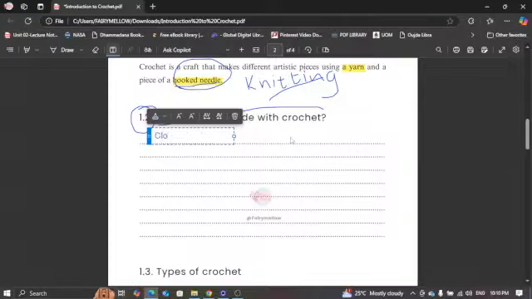Clothes. You can write down anything that you like. Soft toys. Jewelry. Blankets. Home decorations.